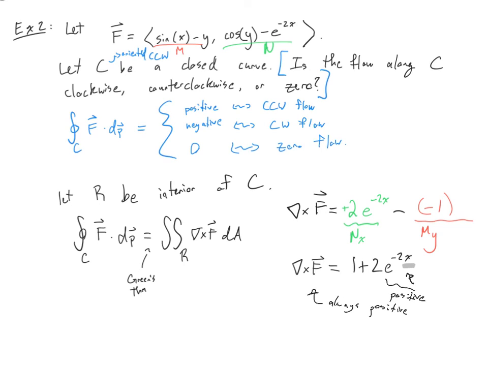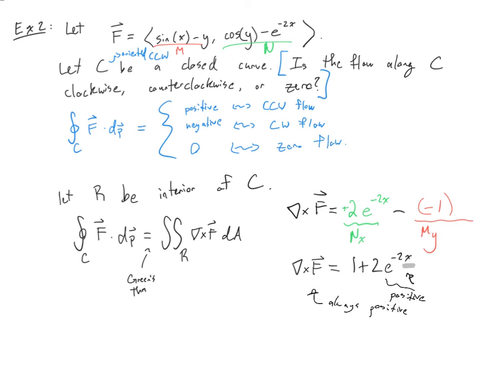And so you look at this integral and you say, well, it doesn't really matter what R is, what region it is, because the area of R is going to be positive, and I'm adding up this positive function over it.